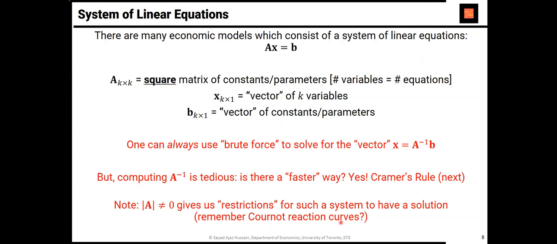For example, you may remember game theory and Cournot reaction curves: if they have to cross in a certain way, one has to be steeper than the other. If that flips so that the other is steeper than the first one, you're not going to have a solution. Instead of converging to a solution, you'll diverge away. So those restrictions on the parameters, what must be true with the alphas, betas, gammas, A, B, C, D, and so forth, to guarantee a solution, are given by the existence of the determinant, as I'll show you in a few minutes.